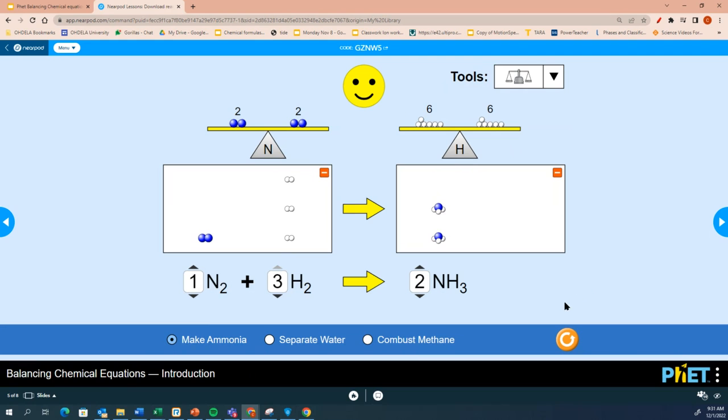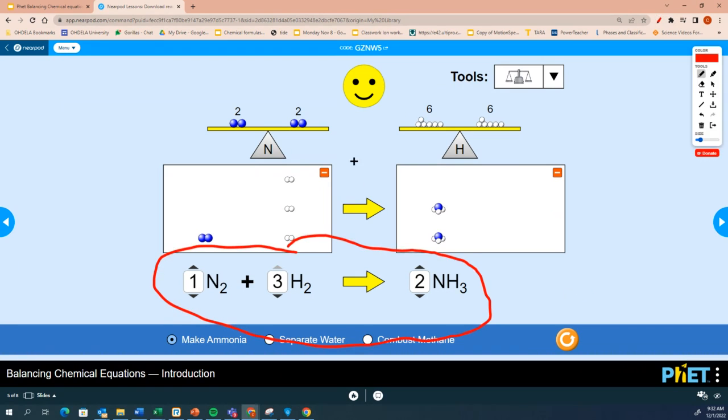So what we're going to be doing is writing down this information here. When you get the yellow arrow, happy face, you have balanced this equation. 1, and we don't really need to put the 1, but we're going to do that anyway. The coefficient 1. Notice we did not change the subscripts. We can't do that anyway.